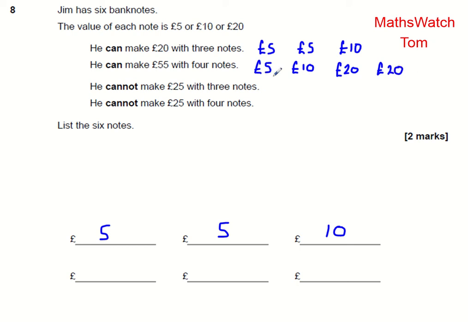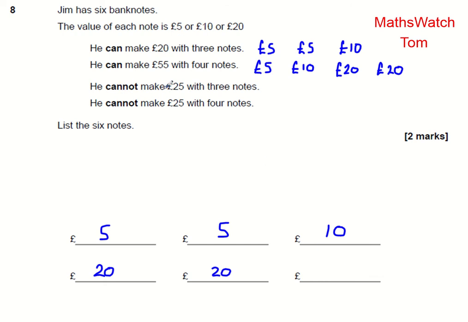Now, since we already have a 5 and a 10 within our answer, we only have space for these remaining 2 £20 in these spaces here, which means we've got one more note to fill, and we're going to use the remaining 2 pieces of information to decide which that is. So we're going to eliminate either the 5, the 10 or the £20 2 times to leave us with just one remaining note, which will be our final answer.